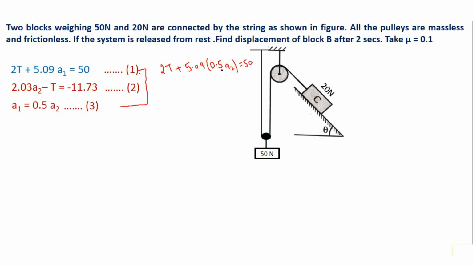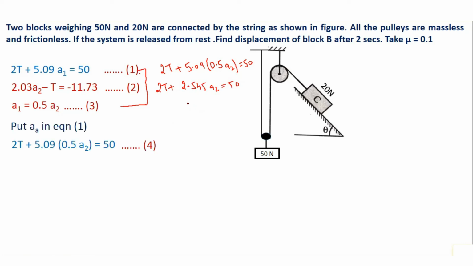On solving which I will get answer as 2T plus 2.545 a2 is equal to 50. So let this be equation number 4. Compare equation 2 with 4. I have two unknowns, that is a2 and T. So two equations and two unknowns, we can solve it easily simultaneously.